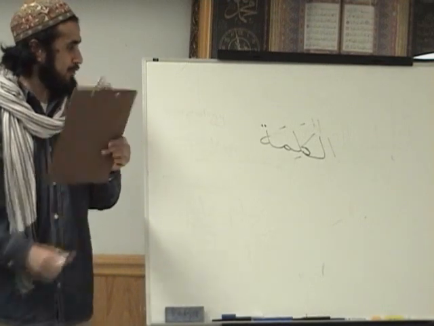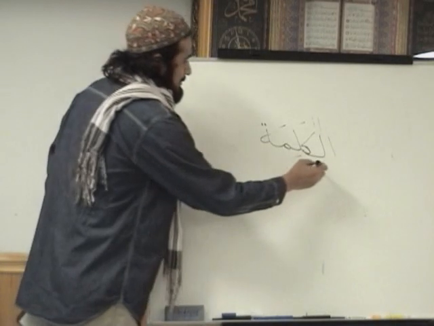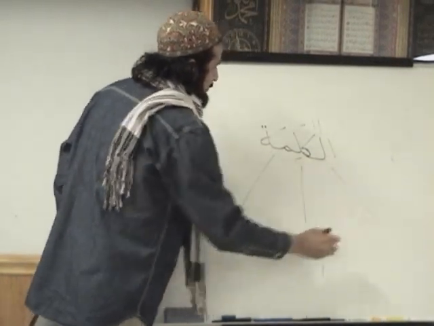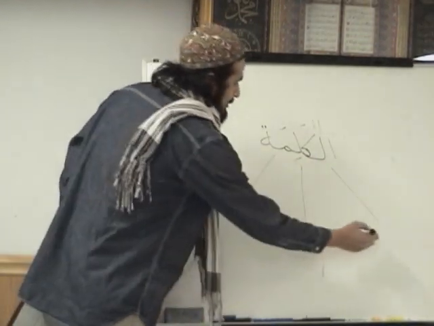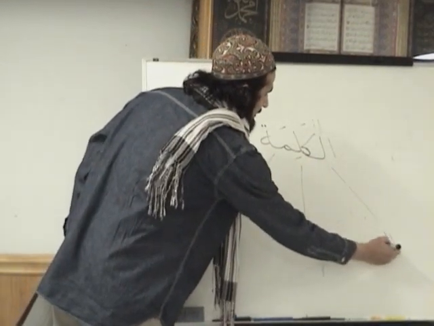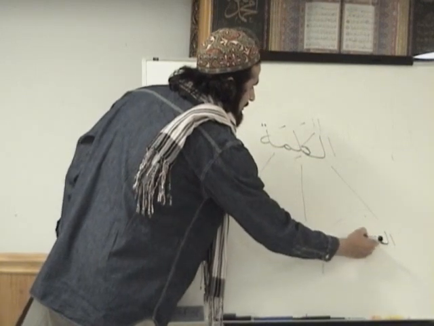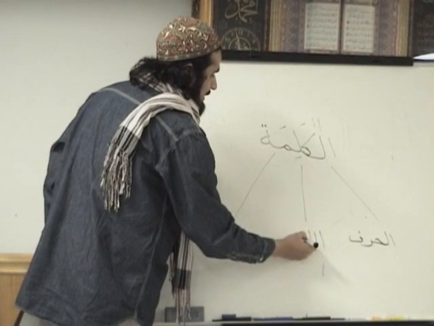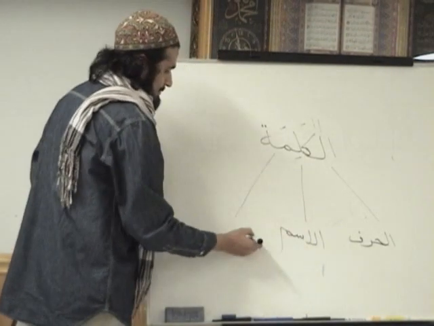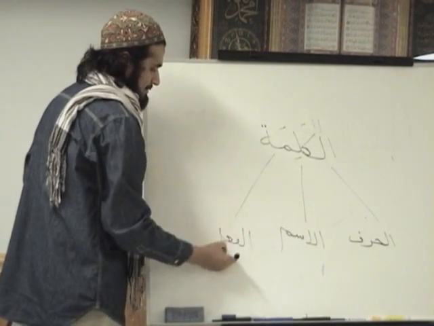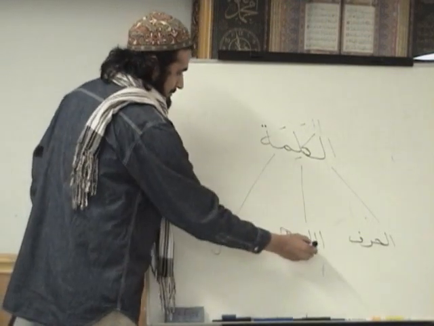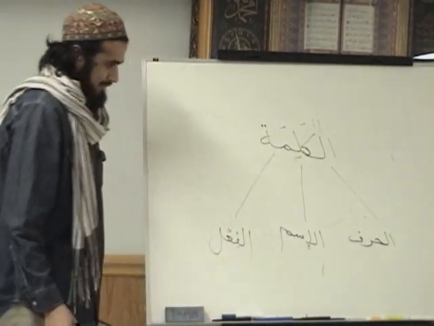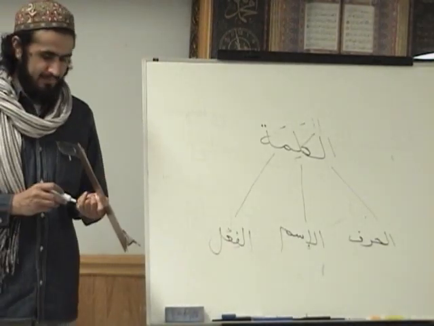And from this we can derive the Arabic parts of speech. Like in English, we have parts of speech, but in Arabic we only have 3: al-harf, al-ism, and al-fi'l.